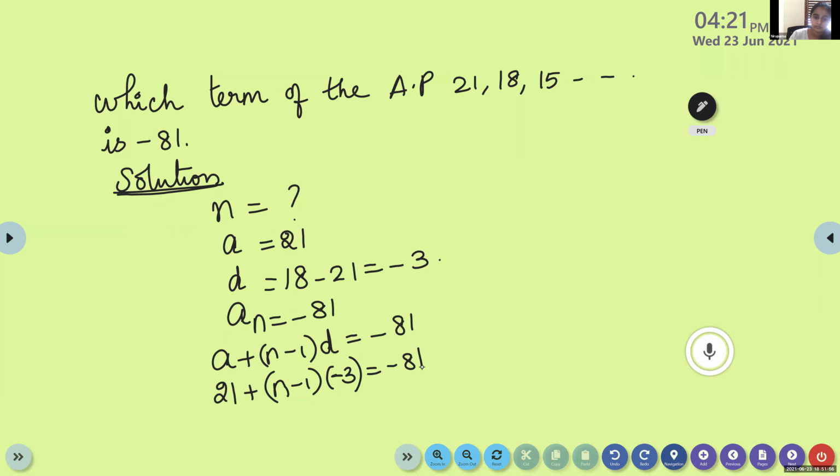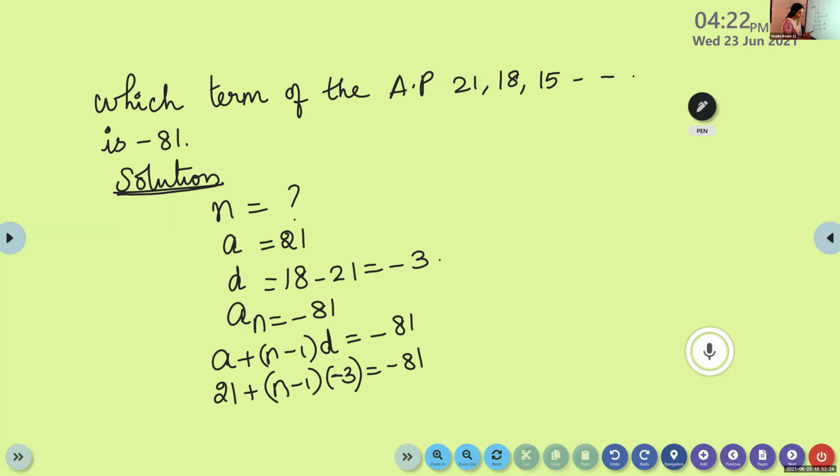Which term means here we want to find n. We are taking the nth term as -81. The nth term is given by the formula A plus n minus 1 into d. Substitute for A and for d: 21 plus n minus 1 into -3 is -81.